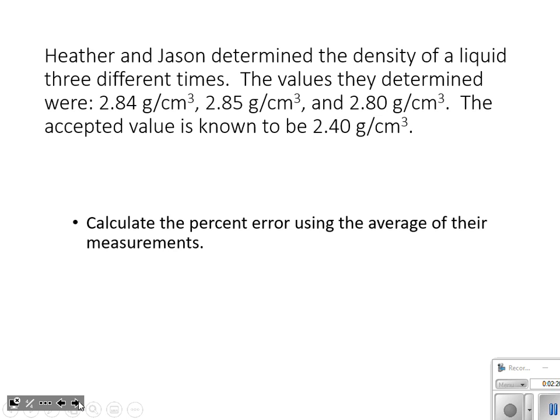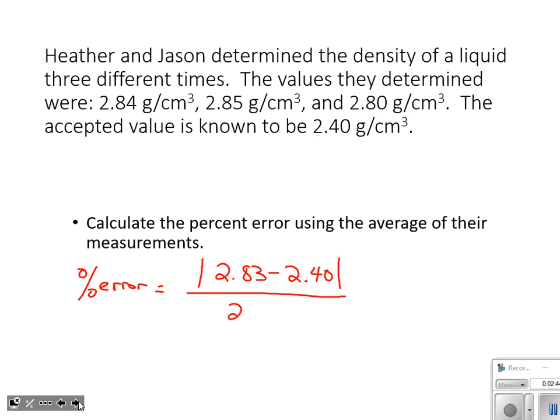Is that correct? Yes. So when I'm doing my percent error, I'm taking the absolute value of my experimental, which was 2.83, minus my theoretical, which was 2.40, and then I'm going to divide that by my theoretical, multiply it by 100.